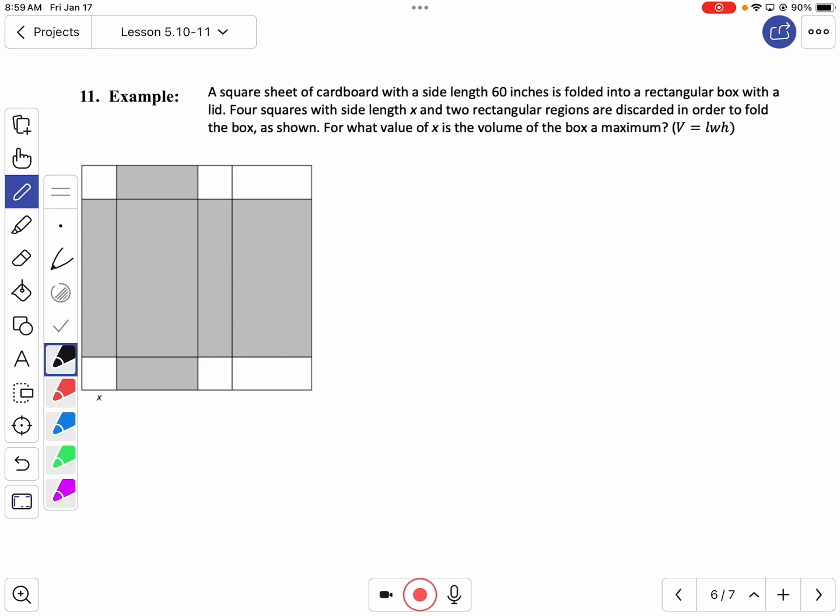So now let's just mess around a little bit with what we've got and see if we can figure out what we're going to use. We know this whole thing is how much? 60. And this piece is 60 as well. And we know these little measurements are X, because they told me the little pieces were X. Let's think about this right-hand side.